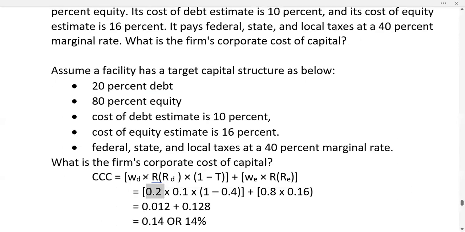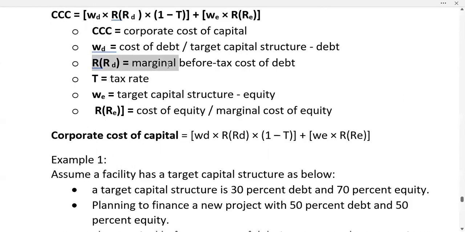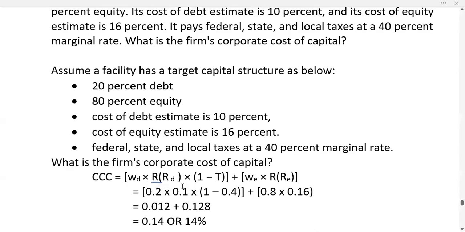Your RD, again, is your marginal before tax cost of debt, and enter that as 0.1, and your tax rate of 40%, so 1 minus 0.4. When you calculate this, you get 0.012.